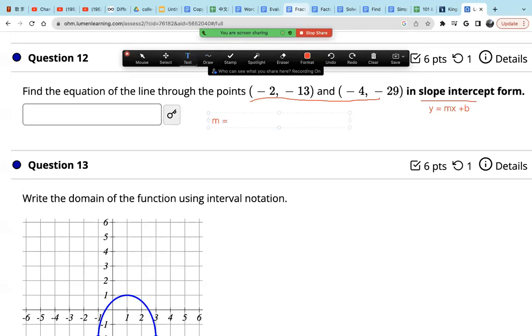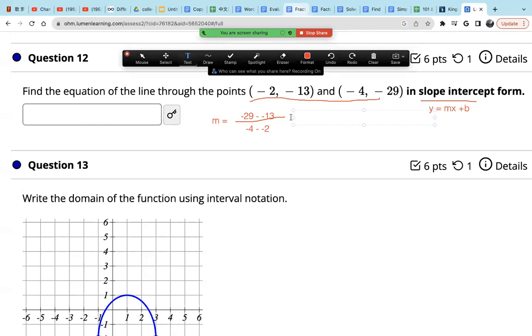M equals y2 minus y1 divided by x2 minus x1. So we may call this the second point, and the first point. So we have negative 29 minus negative 13, right? That's the numerator. Then divided by negative 4 minus negative 2.